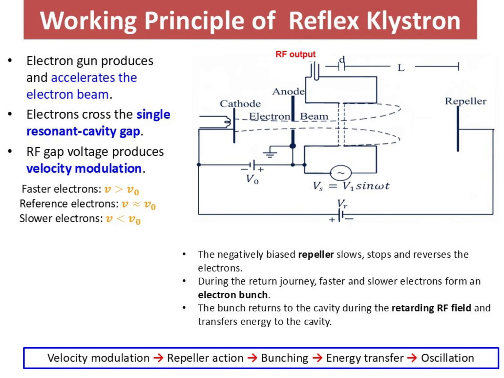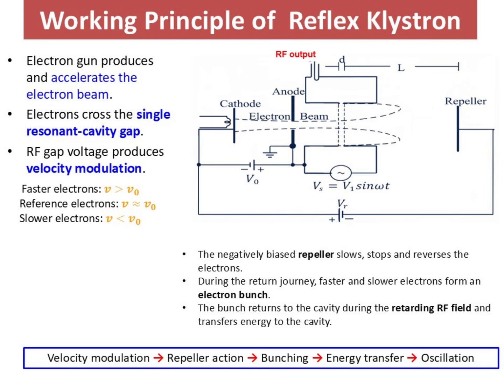After crossing the cavity gap, the electrons move into the repeller space. The negatively biased repeller slows the electrons, brings them momentarily to rest, and then reverses their direction. Because the electrons have different velocities, they do not all turn back at exactly the same time. During the return journey, the faster and slower electrons come together and form an electron bunch.